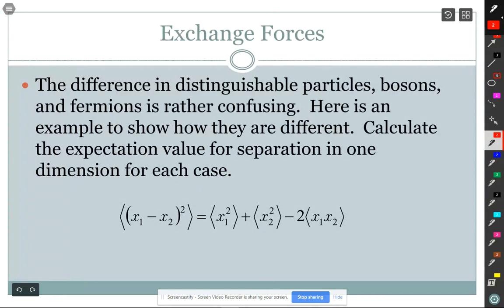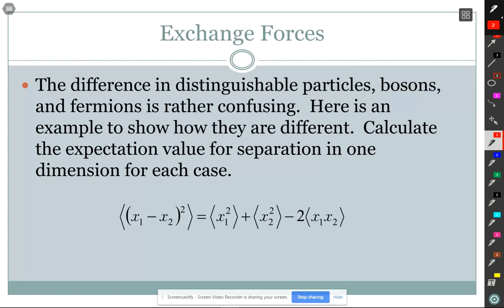Now, what we're going to do to try to understand this better, and this is just a single example of how things are different when you compare a fermion to a boson, is going to lead us into understanding the bonding and anti-bonding orbitals. So we're going to look at the expectation value of separation squared.